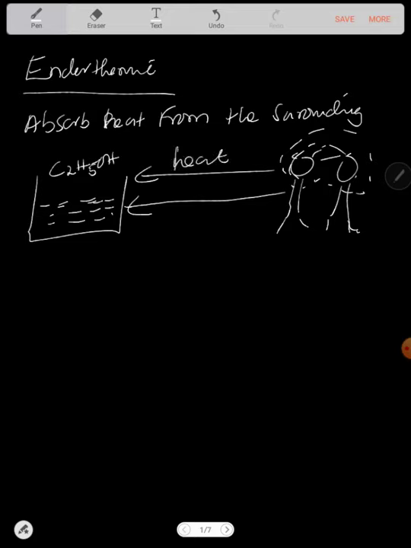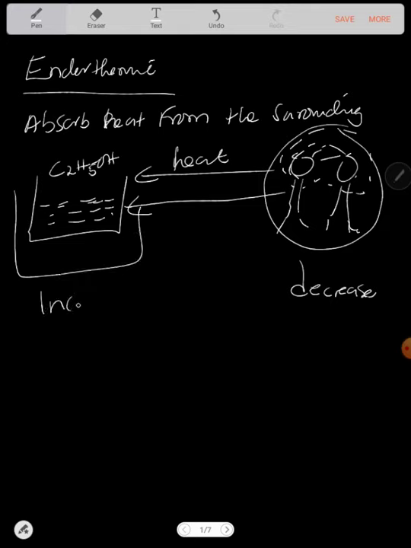Once that does, the temperature of the surrounding decreases, and the temperature in this vessel increases. When that happens, once heat is absorbed, there's breaking of bonds.